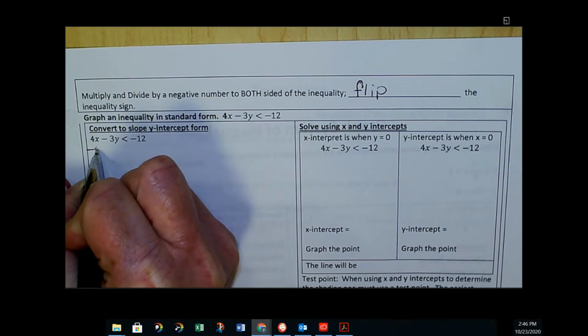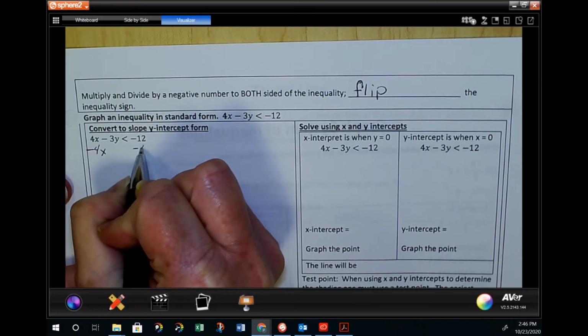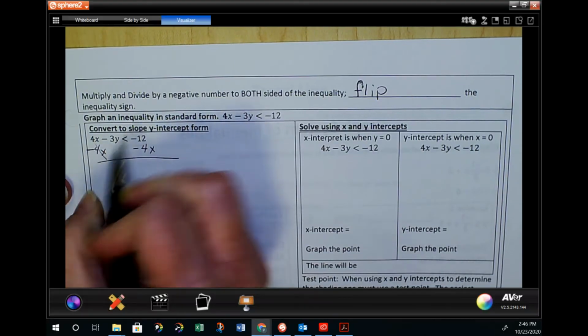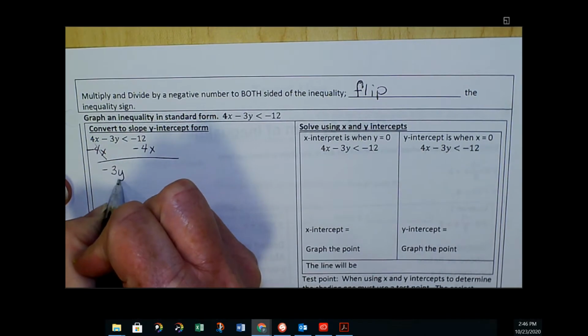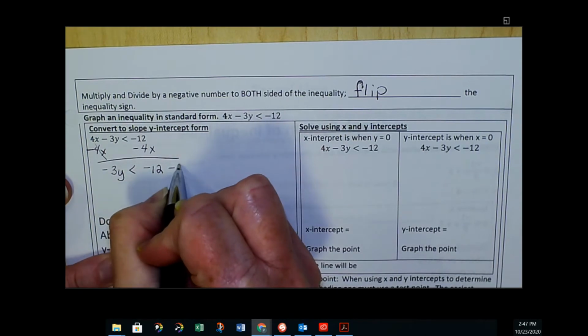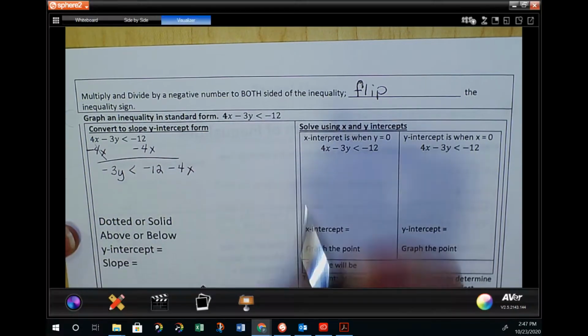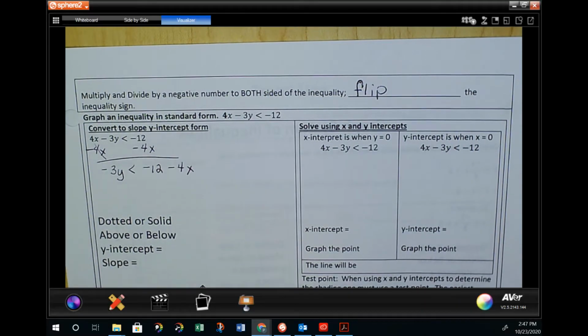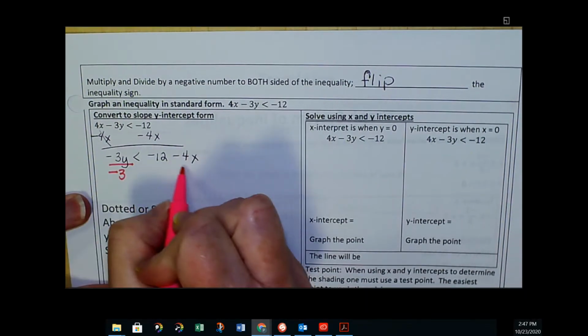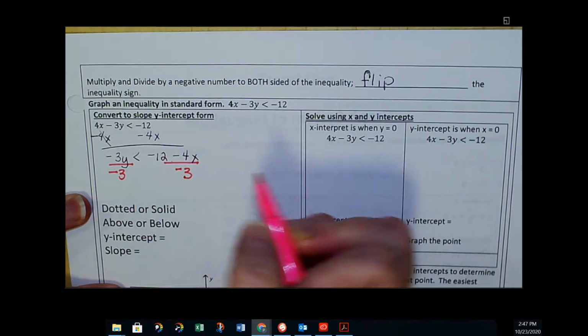So I'm going to subtract my 4x. 4x minus 4x cancels out, and I have negative 3y is less than negative 12 minus 4x. And then we're going to divide by negative 3.